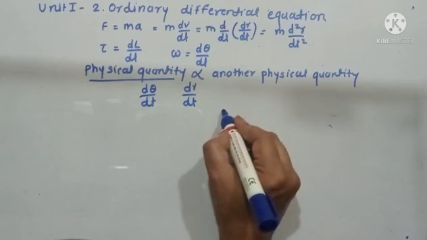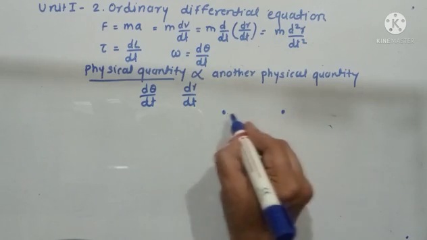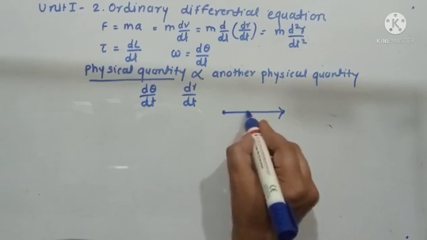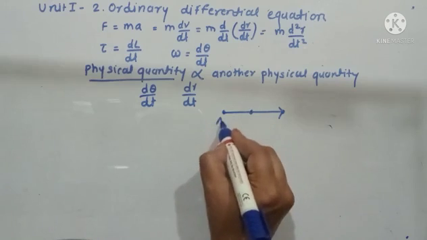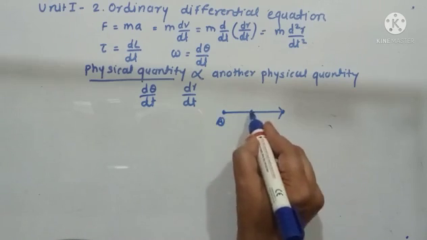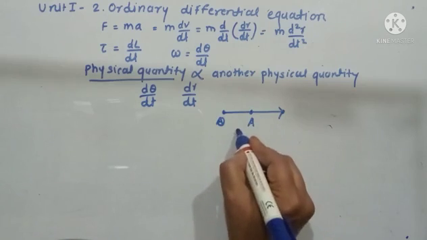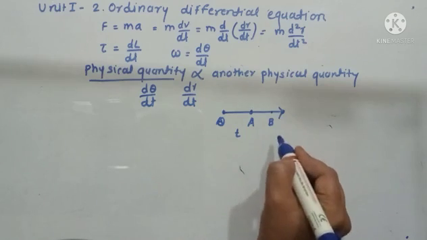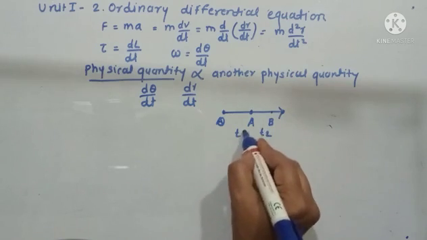Suppose I have a particle moving along the positive x-axis. The particle is moving from this place to this place. So it has started from say O and it has reached some point A in time t1. It has reached the point B in time t2.